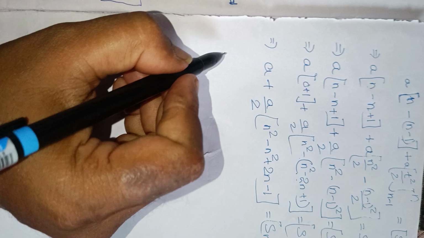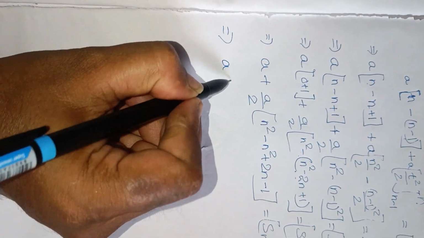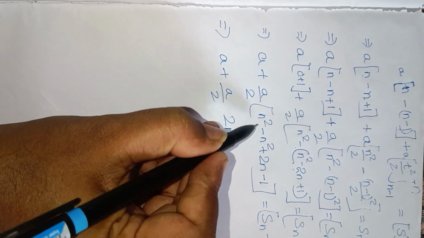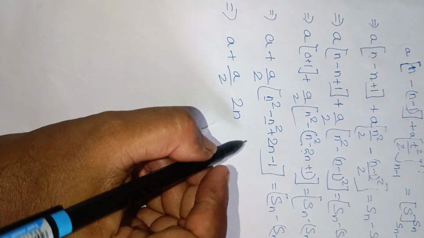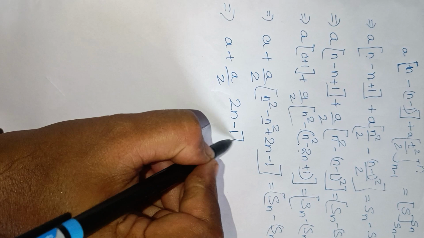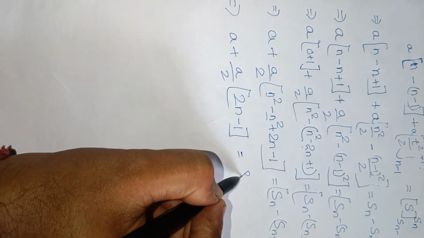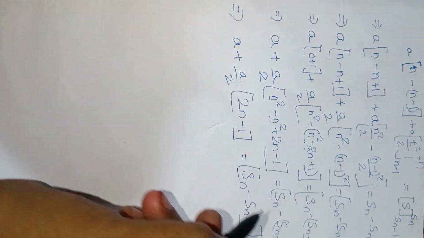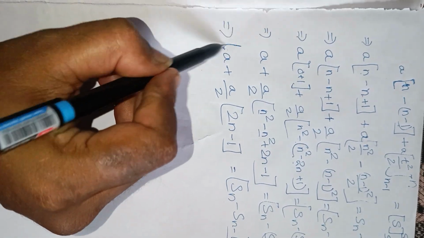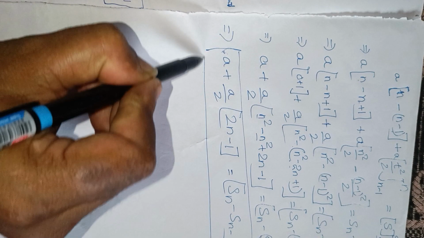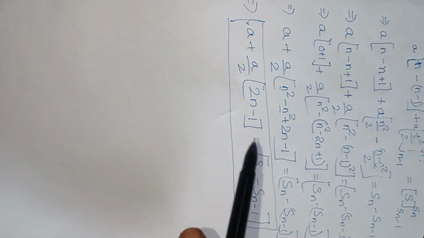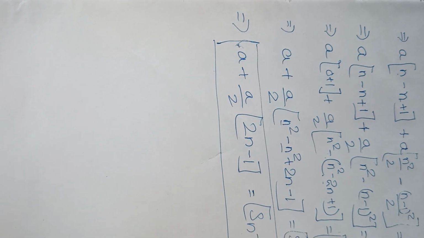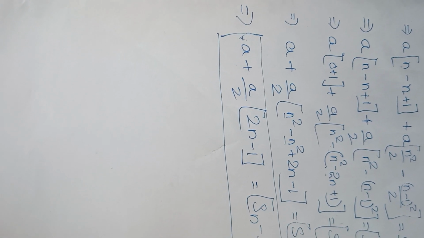So we can also write the final equation as u plus a by 2 times 2n minus 1, since n square minus n square is 0 only, so 2n minus 1, which is equal to s n minus 1. So my final derivation will stand as u plus a by 2 times 2n minus 1. So this is what I can also write as my equation.